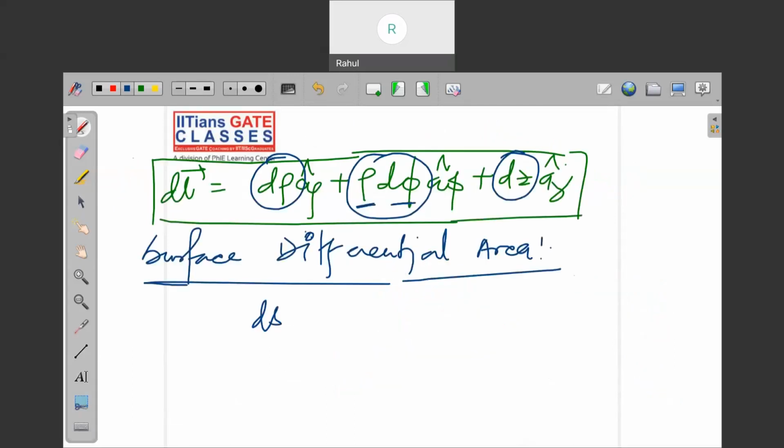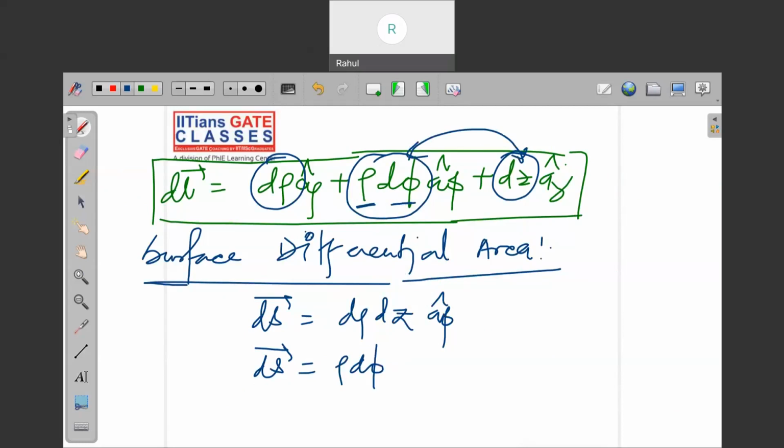So ds vector can be written as d rho dz, and phi is not varying, so this is the direction of the area for that surface. And if we consider the other two lengths, rho d phi and dz, and take the product, rho d phi dz, what is constant here is a rho.